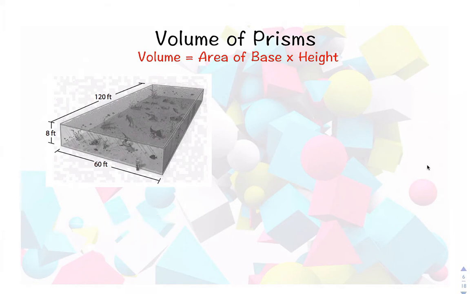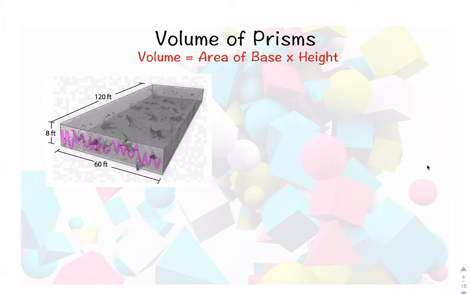So in this case, it doesn't matter which side you consider your base. I can consider the front my base, right? Or I can consider the top my base, or the bottom, or the side. It doesn't matter. In this case, I'm going to go ahead and consider the front.